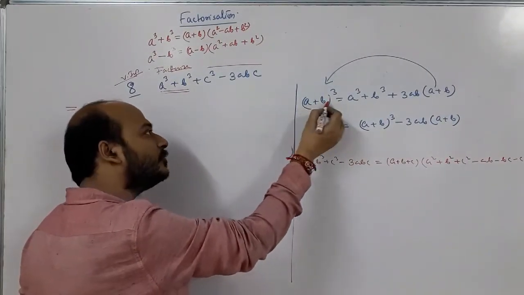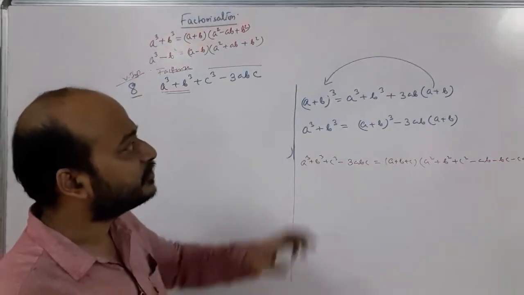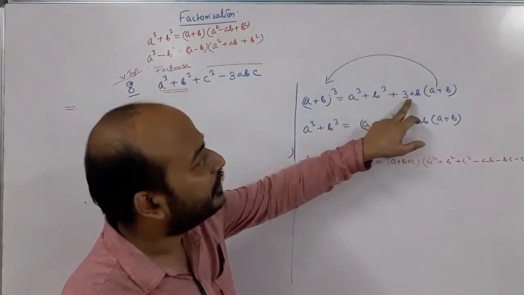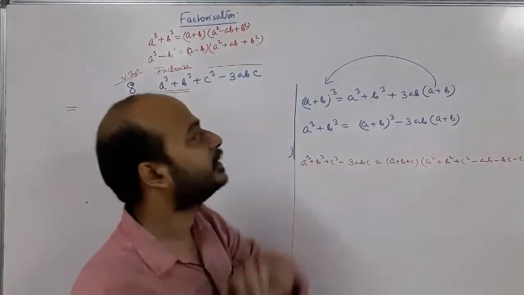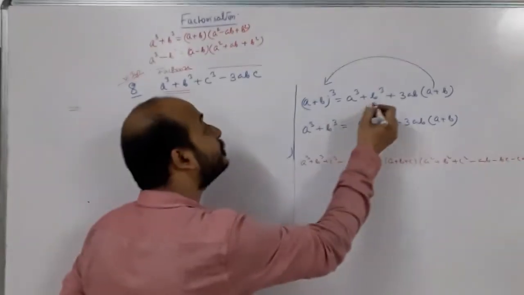You already know the formula of a plus b whole cube. You know that in expansion, a plus b whole cube means a cube plus b cube plus 3ab in bracket a plus b. Understand? So this is the formula for a plus b whole cube.